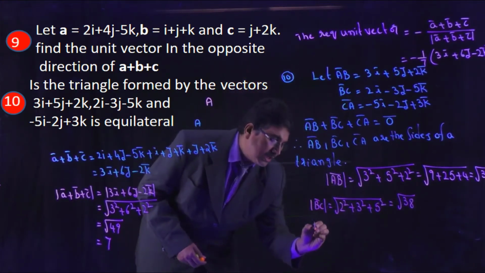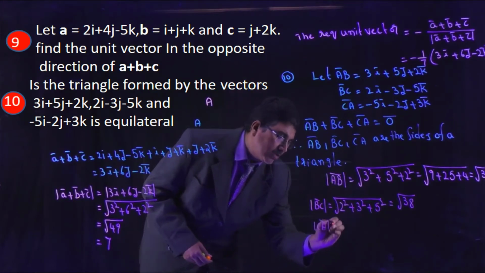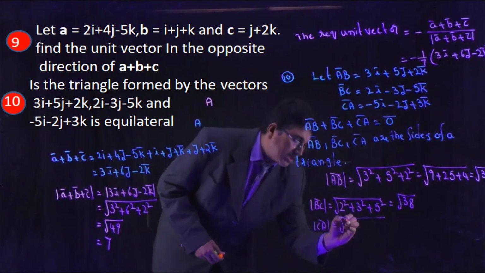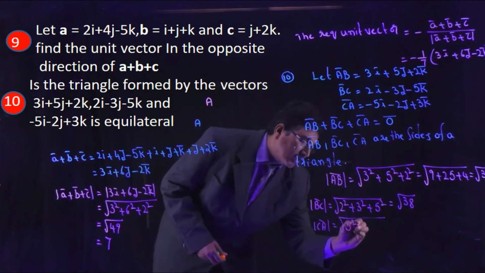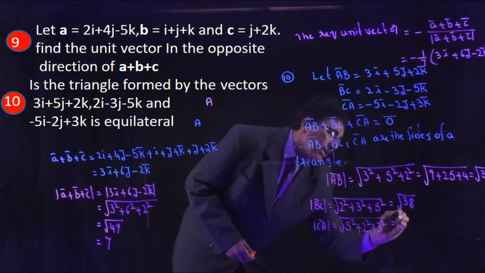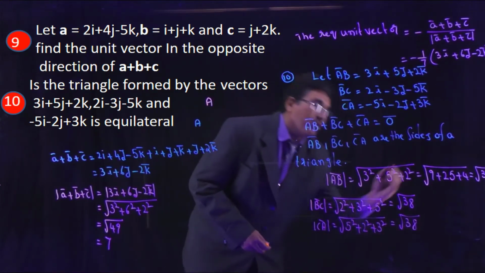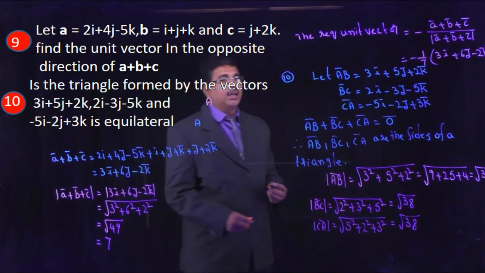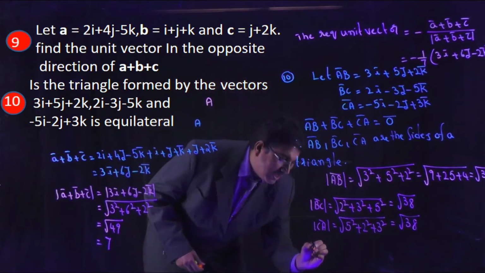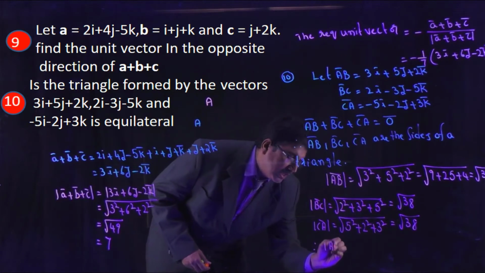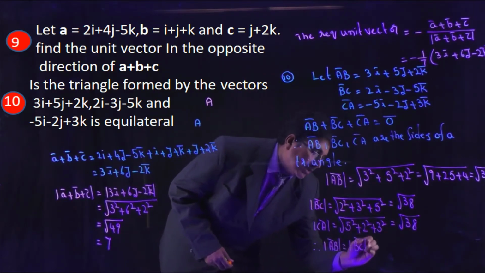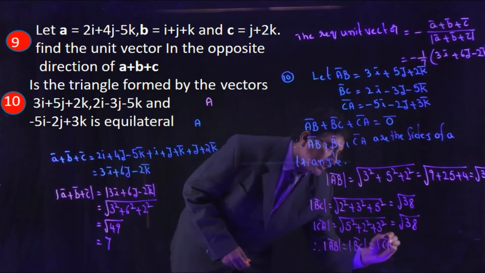Now mod CA bar is equal to square root of 5 square plus 2 square plus 3 square, that is also equal to root 38. Therefore, mod AB bar is equal to mod BC bar is equal to mod CA bar.